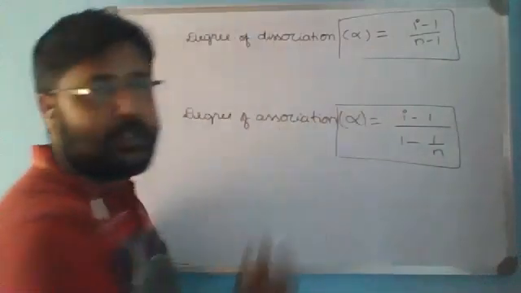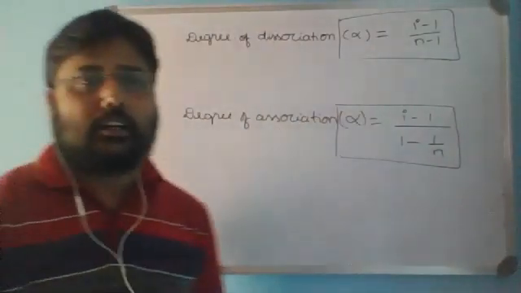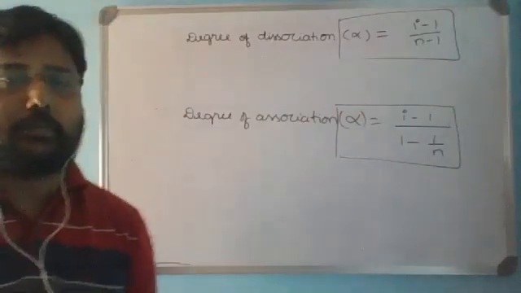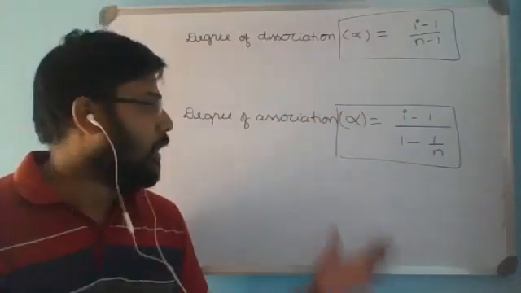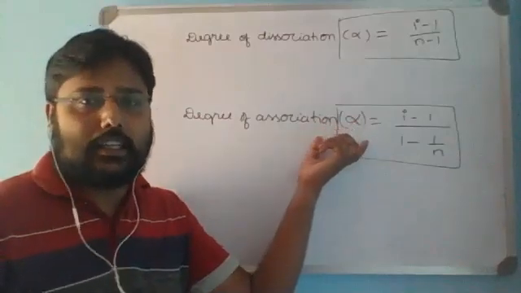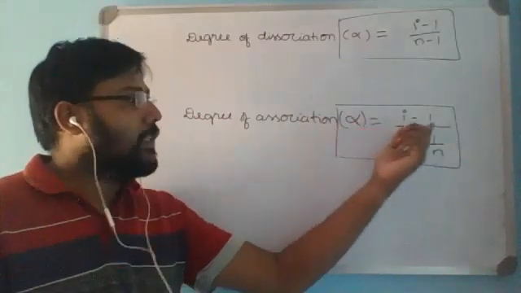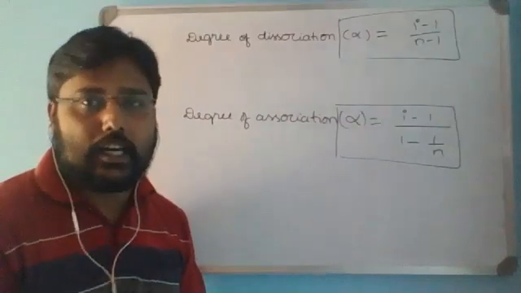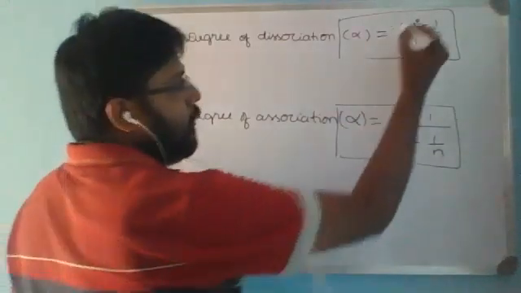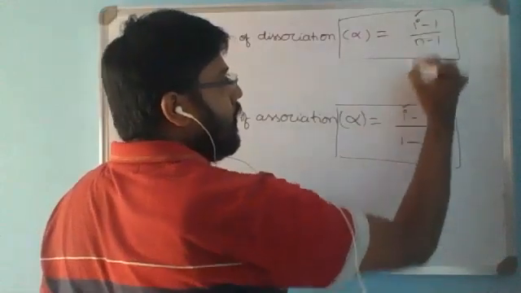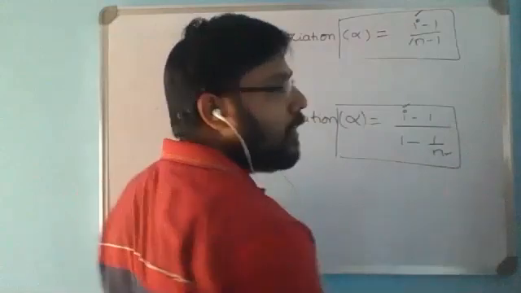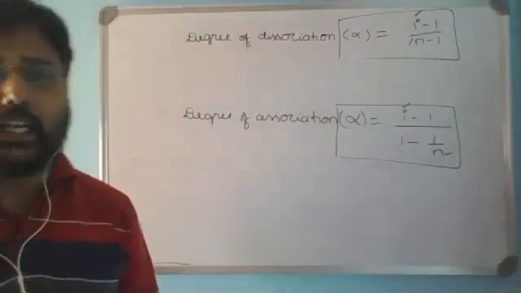Like in the previous case, if we calculate by assuming the initial condition, changed conditions, and equilibrium information, we are going to get alpha as degree of association as i minus 1 divided by 1 over n minus 1. So here i is the Van 't Hoff factor. Here n represents the number of particles that get associated.